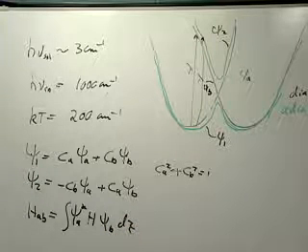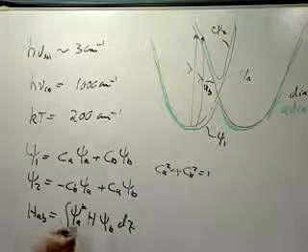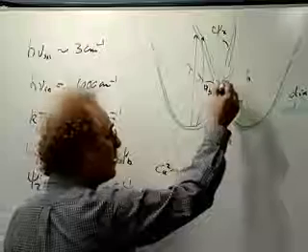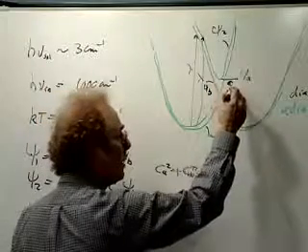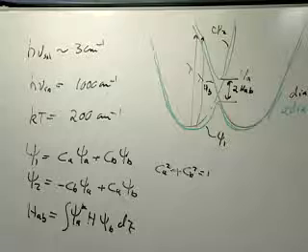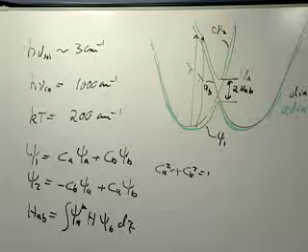So it's the interaction of the diabatic surfaces. This splitting here is 2HAB.